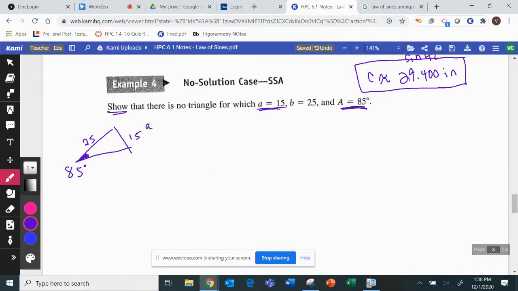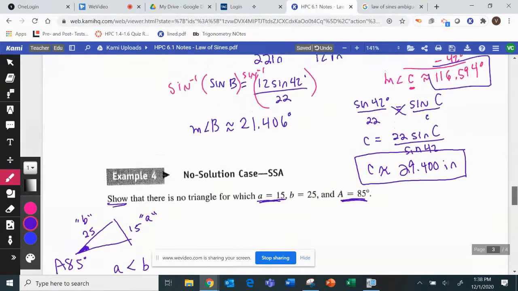So when I'm looking at my A, which is across from my A angle, and I'm looking at my B, I can determine that A is less than B. And we have an acute. I always forget to say that part of acute. So I'm going to go back up there.